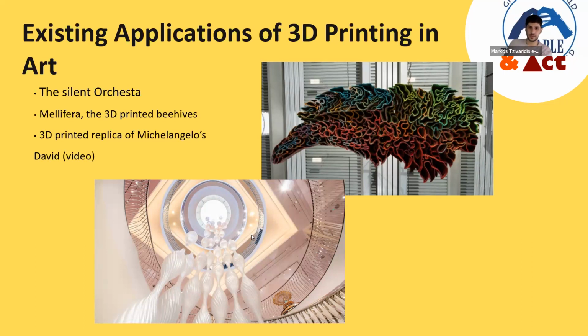Another very interesting one is the 3D printed beehives. Another way to call them is the Mellifera, which is an installation of swirling 3D printed beehives dancing through the Fortnum and Mason atrium. This is what the building is called, and it aims to highlight the need for rewilding our urban spaces.